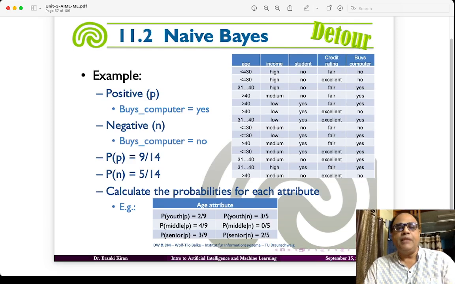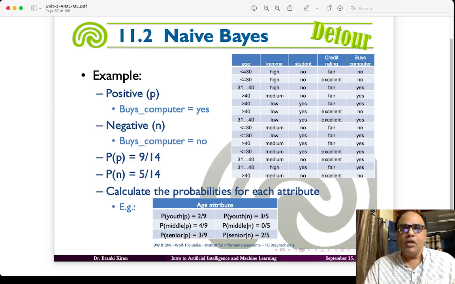Now if we take the same example that we have used for the decision tree, where we are trying to understand who buys the computer. We again take the count of number of yeses to nos, which we have already found: we have 9 yeses with 5 nos. And then in this case, instead of calculating information gain, entropy, or Gini index, we calculate the probabilities of each attribute, because this is a probability driven classifier.